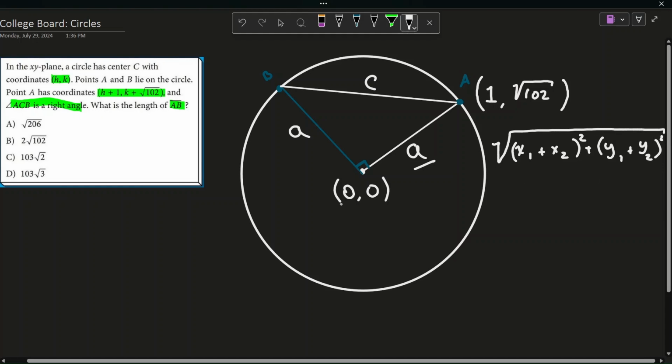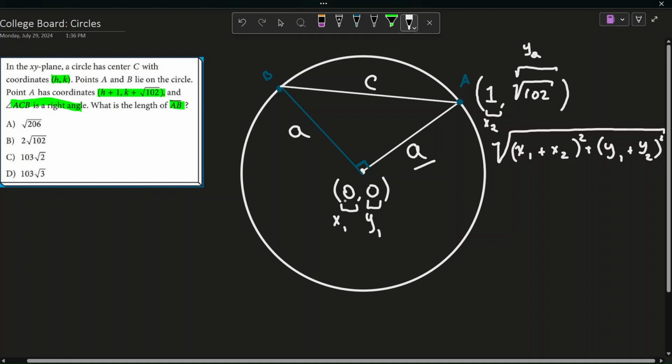Now x1 is this 0 over here, and x2 is this 1 over here. And y1 and y2 correspond with x1 and x2 respectively, so this one is y1, and this is y2.